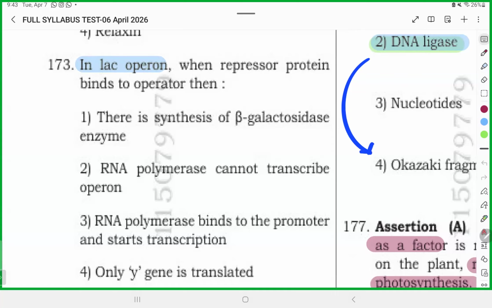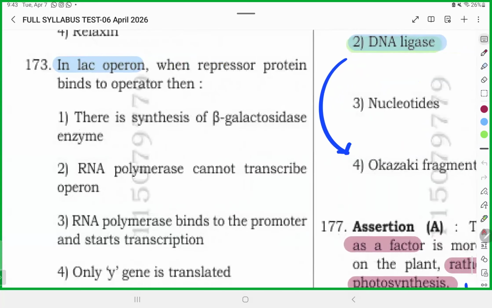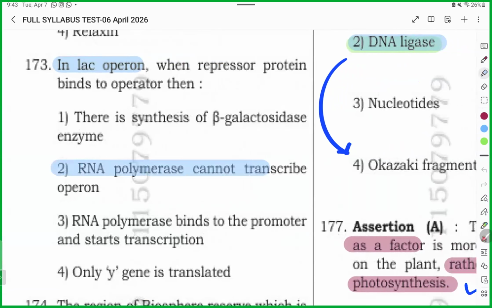In lack of proton, when repressor protein binds to the operator, RNA polymerase cannot transcribe the operon. Absolutely correct. Repressor protein binds to the operator and then it cannot transcribe the operon, further process cannot happen.